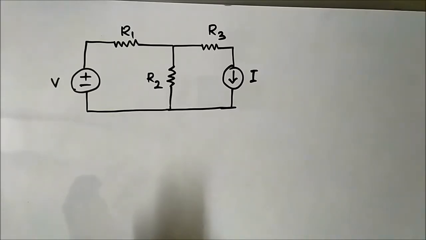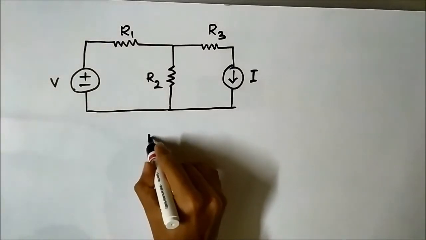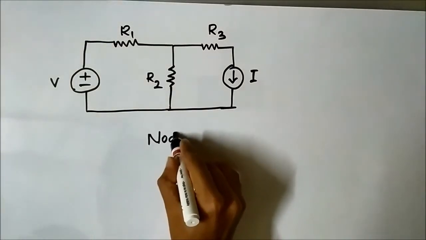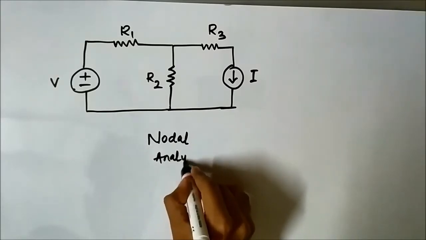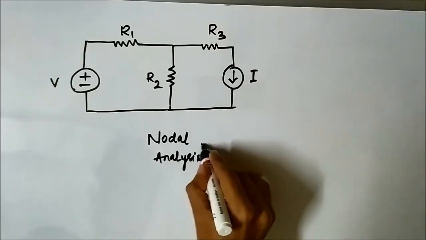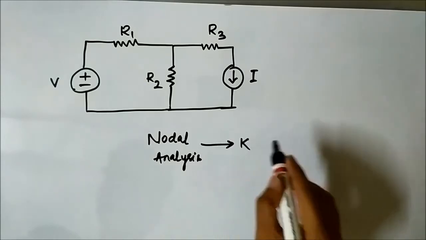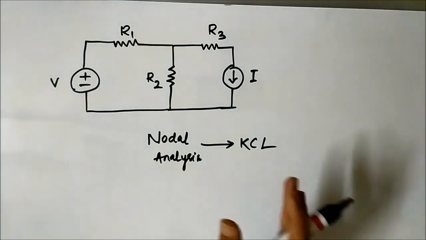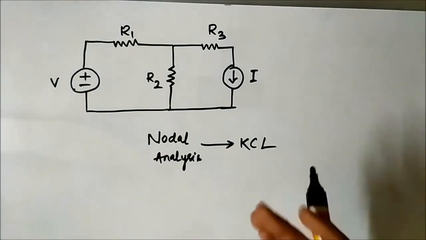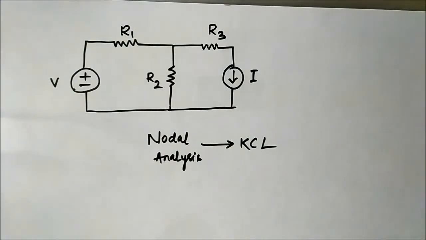I have already told you that nodal analysis is actually based on Kirchhoff's current law. So it is basically applying KCL. The summation of currents at a point is equal to 0. So here that point is the node, specific nodes.